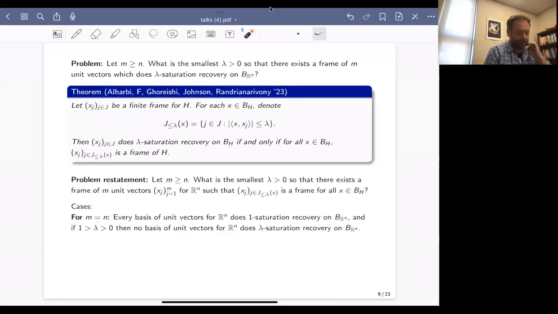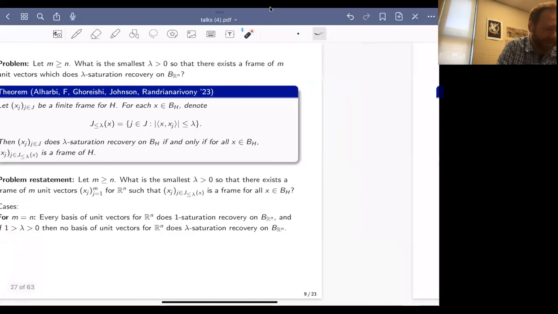Let's look at two cases. The first case is m equals n. This isn't very interesting. If I take any basis of unit vectors for R^n, if there's any saturation, then it's not going to work. So every basis of unit vectors does lambda equals 1 saturation recovery, and if lambda is ever smaller than 1, you can't do saturation recovery.